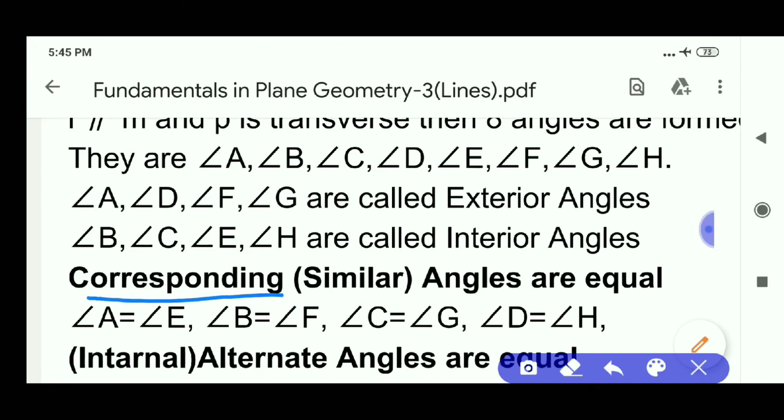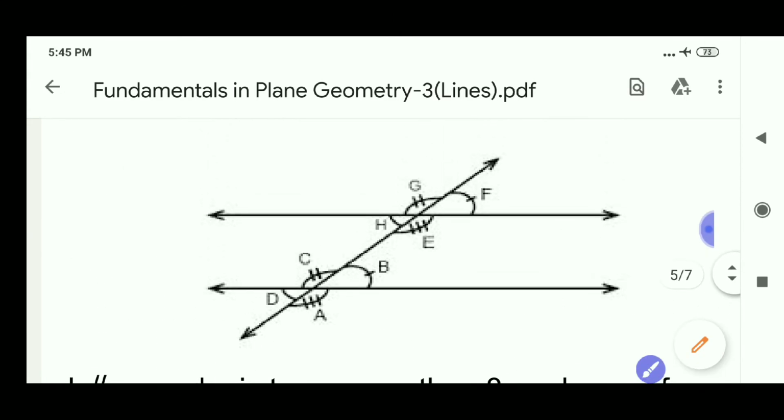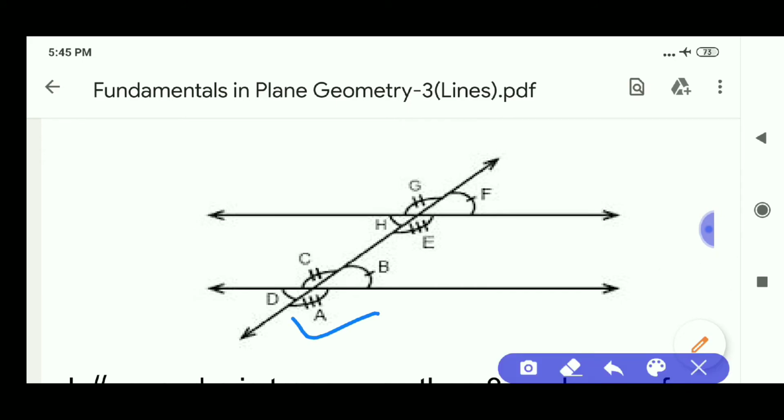When the lines are parallel, corresponding angles, also called similar angles, are equal. From the figure, observe carefully, angle A is equal to angle E. They are called similar angles or corresponding angles.